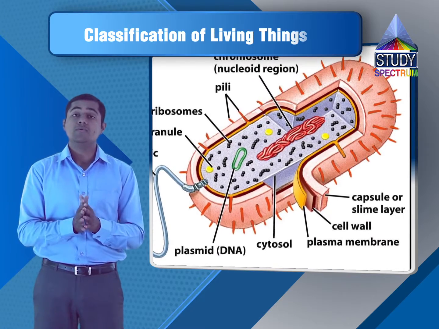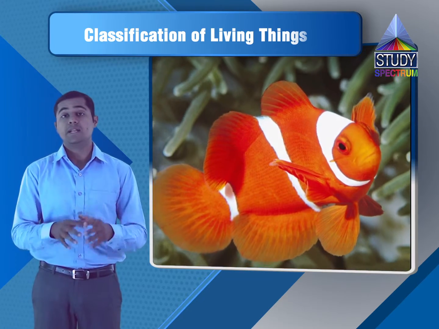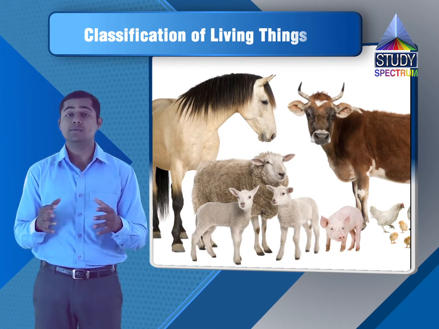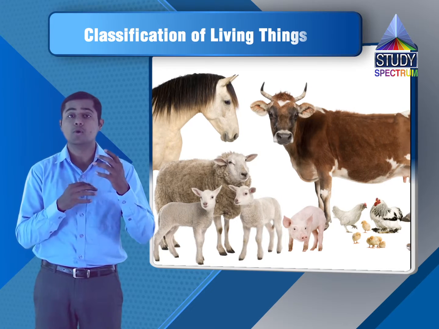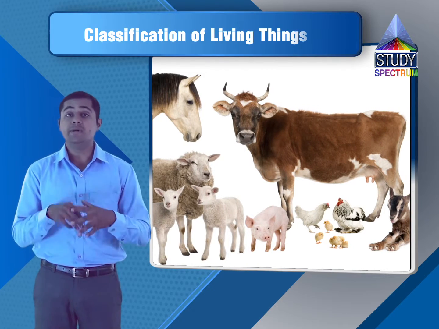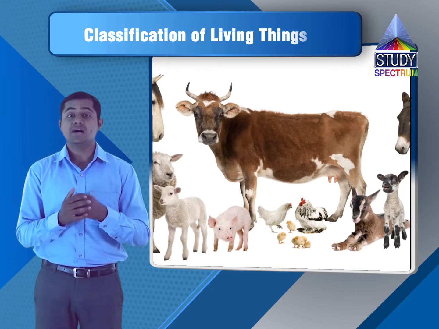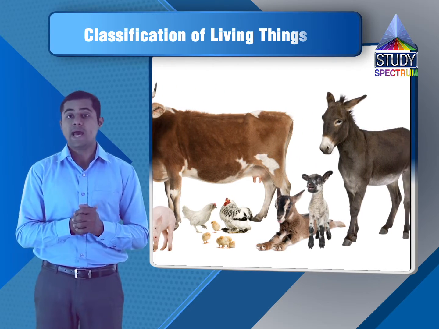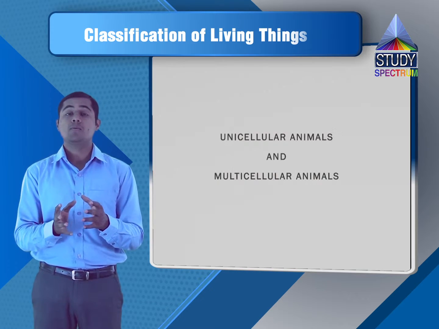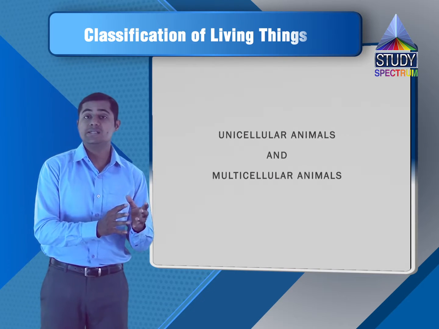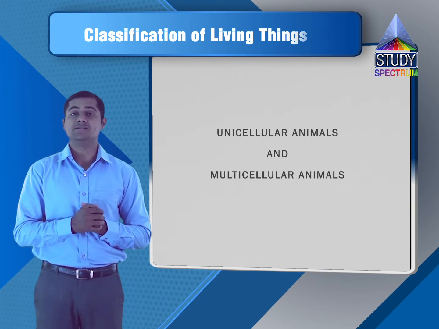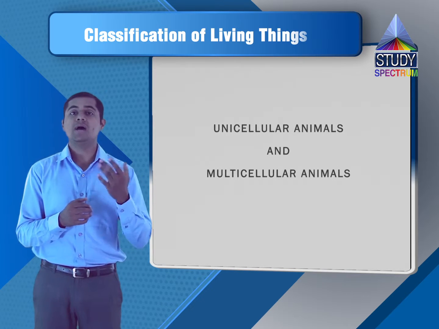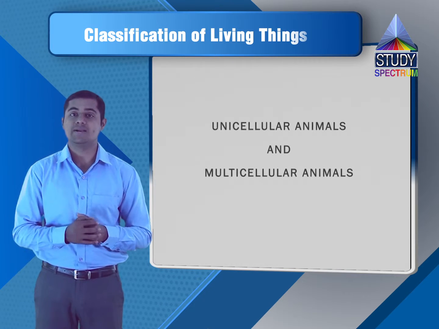To start with, we can have an example of fishes, birds, or other animals like dogs, cats, cows, buffalo, lion, panthers, human beings, snakes, lizards, chameleon, earthworm. All these are multicellular animals. So on the basis of whether they are made up of only one single cell or many cells, we can classify the animals in these two subgroups: unicellular animals and multicellular animals.